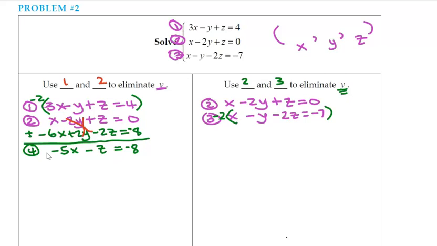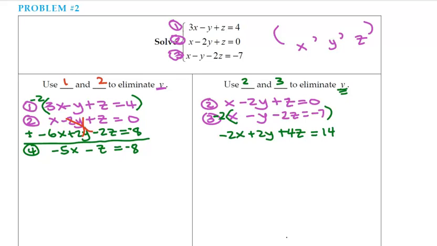When I add it to negative 2y, that zeroes out. So let's distribute that through. I've got negative 2x, plus 2y, plus 4z. I got a negative times a negative, so that gives me a positive, and then positive 14, since I multiplied it by negative 2.